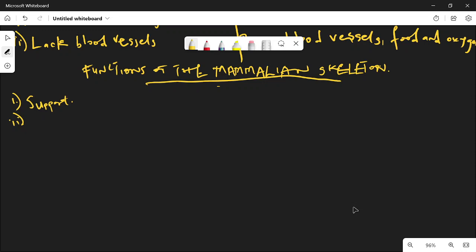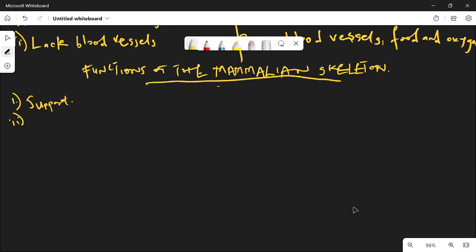It is the function of the mammalian skeleton to give support to these internal structures. If there wasn't any skeleton, the organs of the body would be floating in the body without having a specific position. So it would be possible for them to collide when the organism is in disarray. Let's assume when the body is running, or when the kinetic energy of the body is heightened, the organs of the body will start to hit one another.